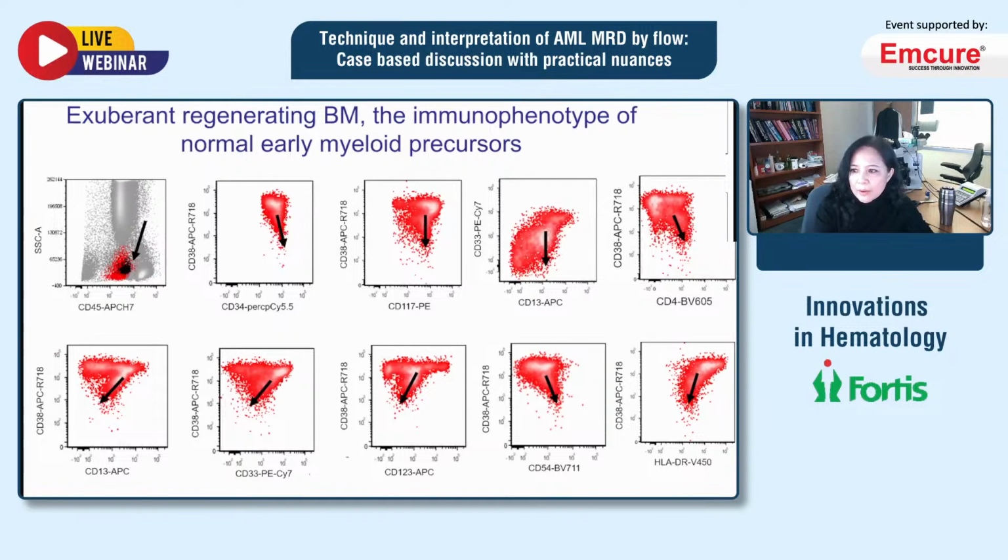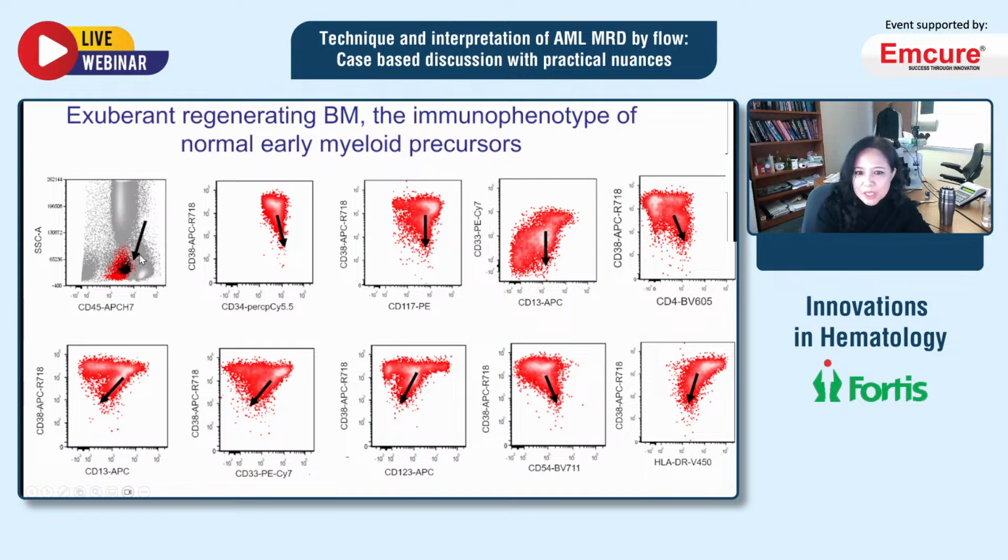And also to understand this, the CD38, we keep saying you have to look at all the markers versus CD38. But the premise is you have to understand what is exuberant in early myeloid precursors, how they look like. It's always to tell from the reactive, right?